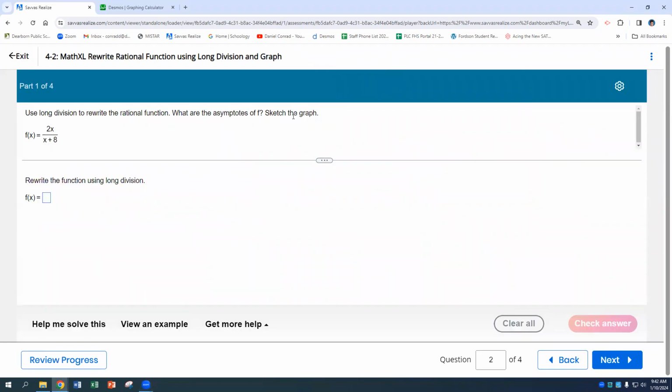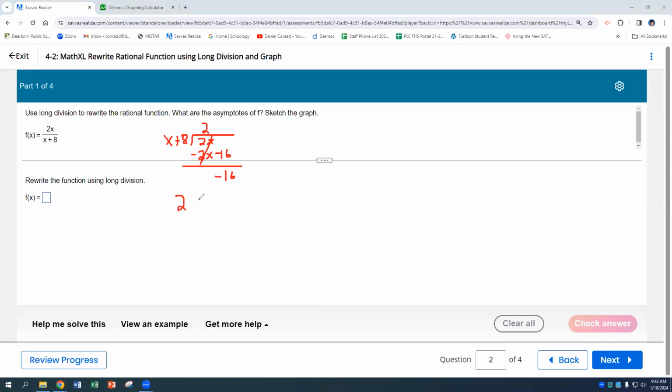Okay, same thing, very similar. We're going to start by using long division. So we're going to divide x plus 8 into 2x. So we need to multiply x by 2 to get 2x. So 2 times x is 2x. 2 times 8 is 16. We're subtracting, so we got to switch the signs. And that leaves us with a remainder of negative 16.